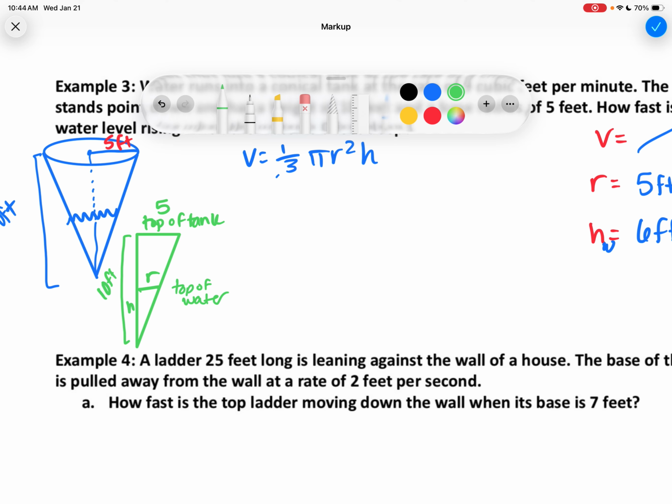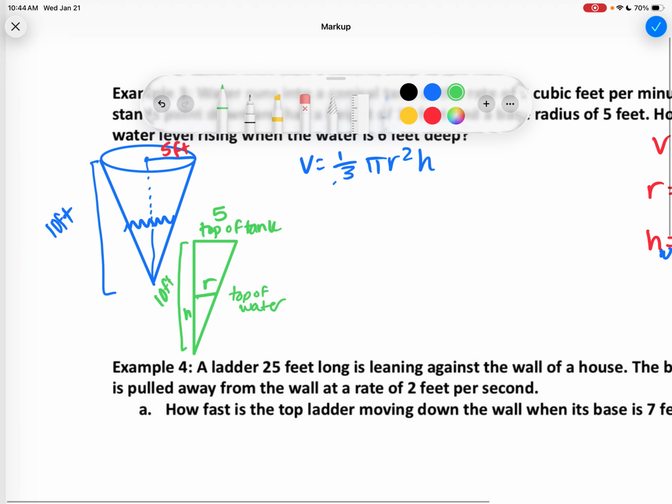So if I do similar triangles, then I can solve for one of the variables and get it by itself. So I would have, over here on the side, r over 5, so that's the two bases of these individual triangles. I'm looking at the big triangle and then this little one at the bottom. I'd have r over 5 is equal to h over 10.